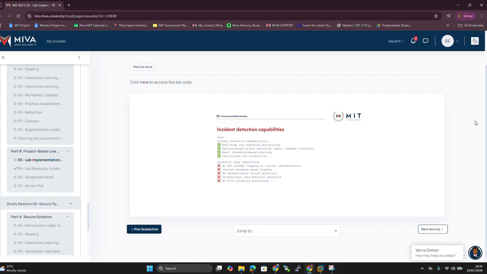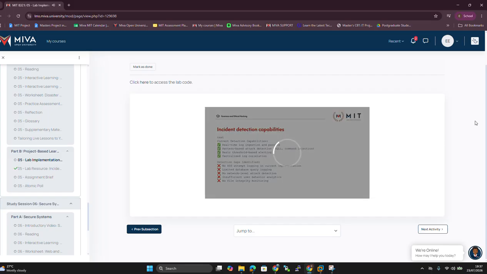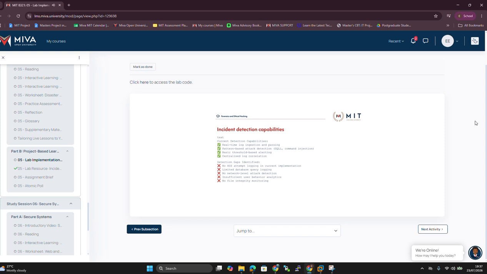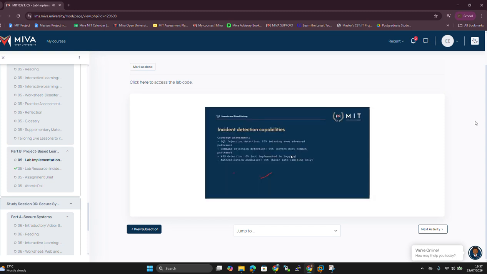So in your reporting, you report what has been done and what has not been done. The ones with the green tick show what may have been done, and the ones with the X crosses show what may not have been done.